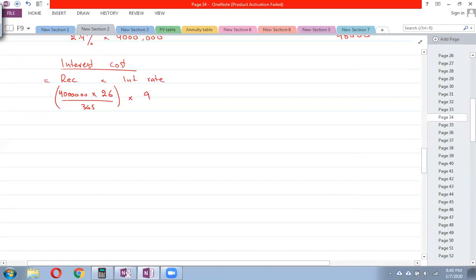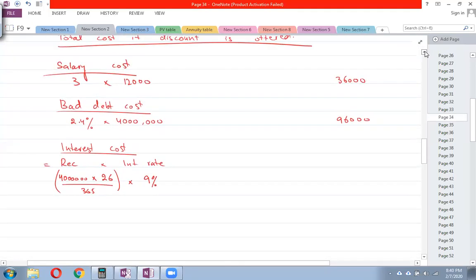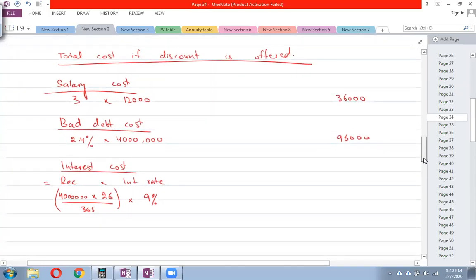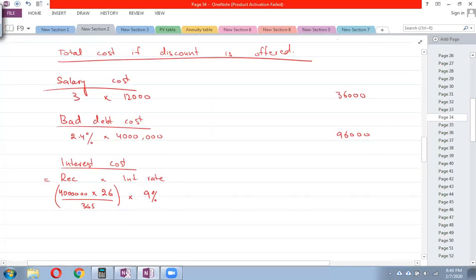What about the interest cost? 9%. So how much will be the interest cost? Can you find the interest cost for me? 25,643. Right? That's the interest cost.